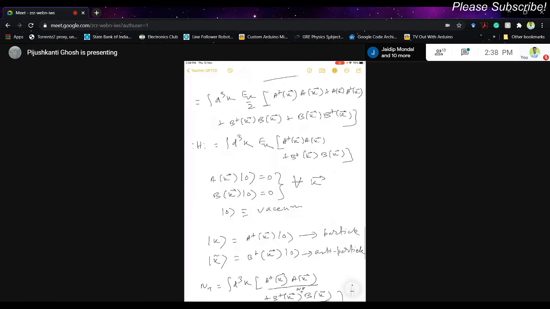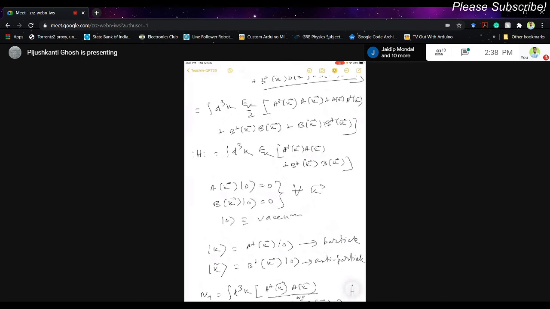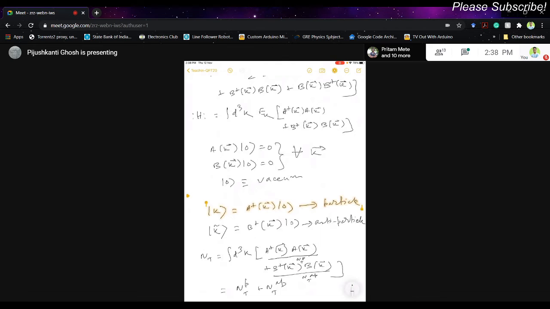Similarly, you can calculate the total number: if you apply the total number operator, you get one. If you operate only with the particle number operator, then you get zero, and if you operate with the antiparticle number operator, you get one. It is as simple as that.